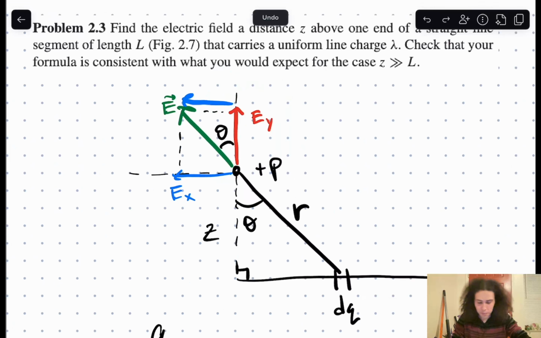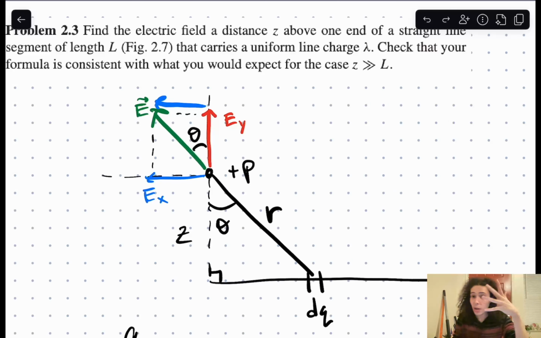Now, it seems in this problem there isn't really any cancellation of components. They're going to add up to certain numbers, certain equations, and so we have to solve for both of them. In the previous problem, you had some cancellations happen and you could just focus on one component, but in this case, both of them don't cancel each other out.